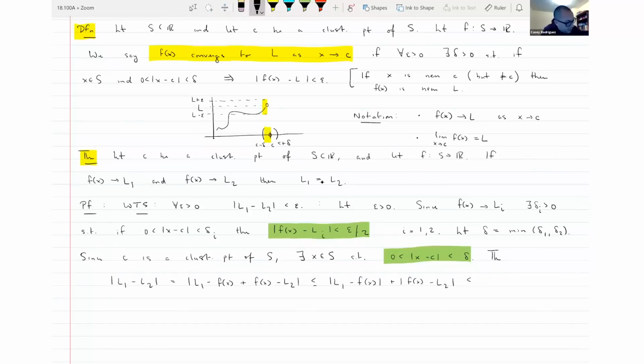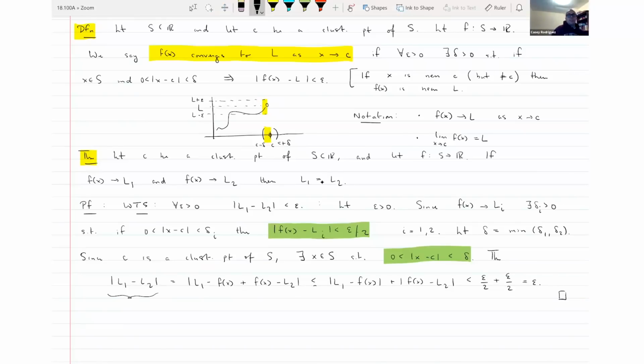And same for L2, I get epsilon, okay? And that's the end because remember we started off with the absolute value of L1 minus L2.